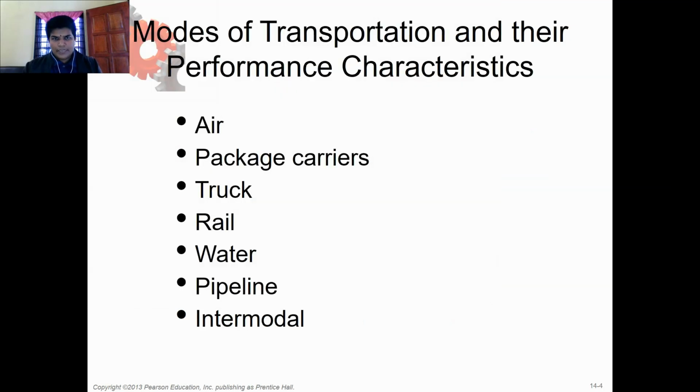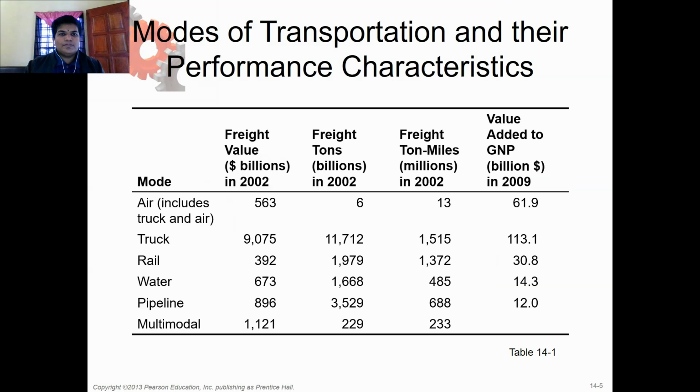Next, the modes of transportation and their performance characteristics. Here we have seven types of transportation modes: air, package carriers, truck, rail, water, pipeline, and intermodal. This table shows you the cost involved in using different types of transportation, and it depends on the nature of the product.